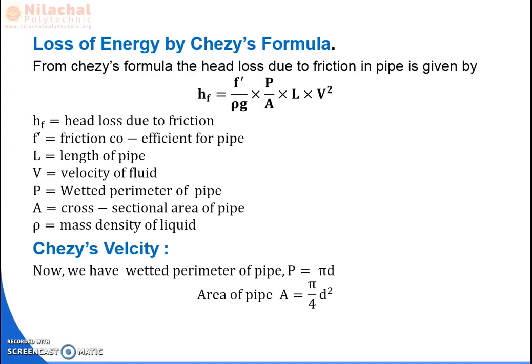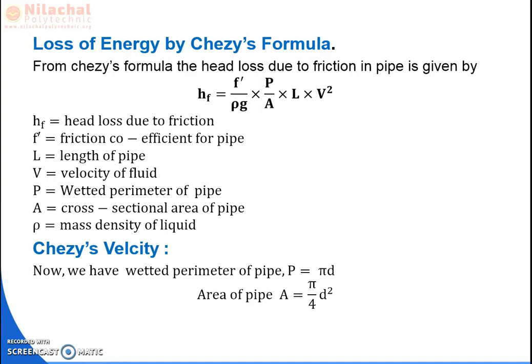Already we have hf is equal to f dash by rho g into P by A, L into V square. Let's consider the ratio of the area of cross-section of the pipe to the perimeter of the pipe. We know that D is the diameter of the pipe. Area of the pipe is equal to pi by 4 D square.